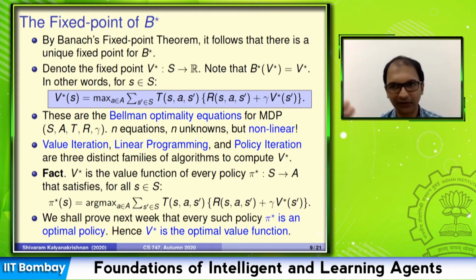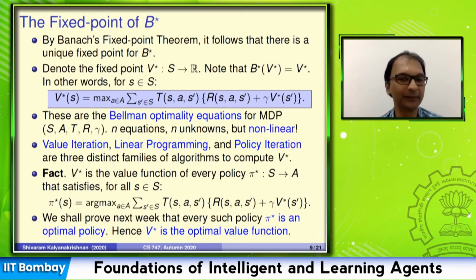We're going to show next week, not this time, that every such policy pi star is optimal. Why do I say every such policy? There might be multiple ways in which you can resolve this argmax, since multiple actions might maximize this quantity. You can pick any action that maximizes and put that inside your pi star. So there can be multiple possible pi stars.